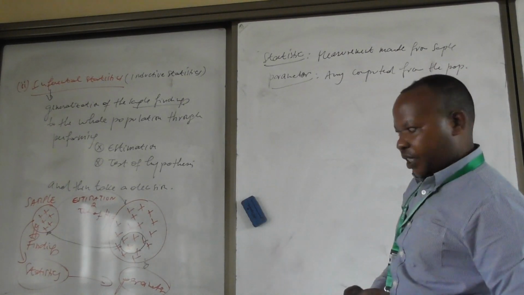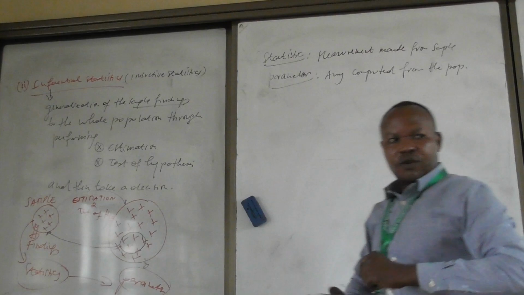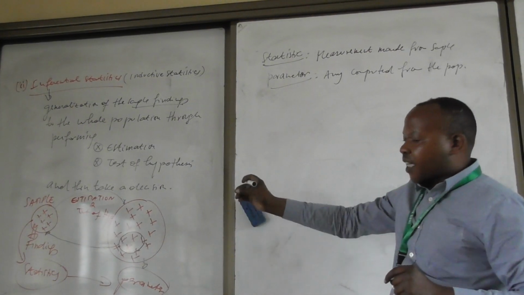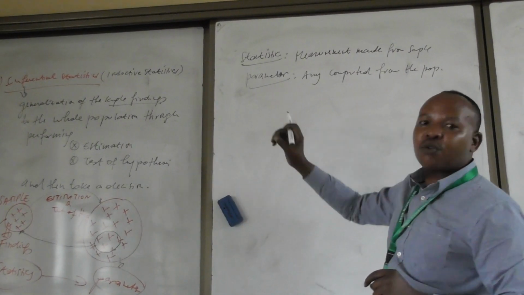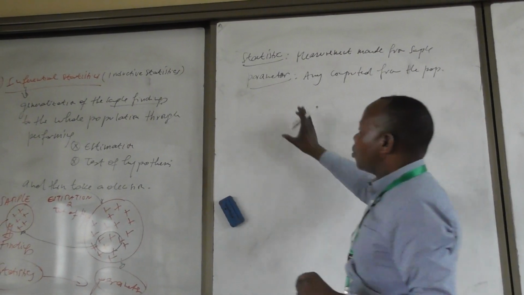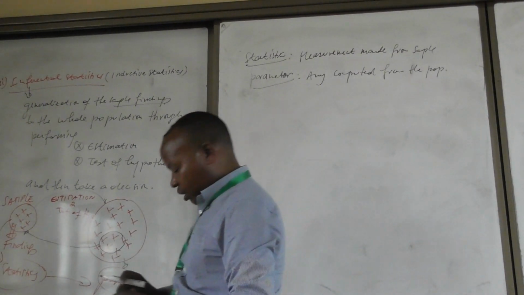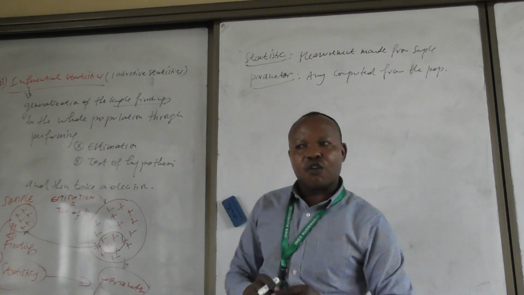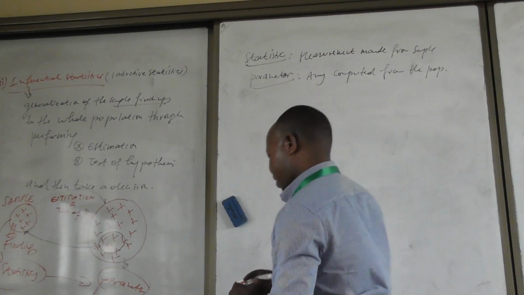So when you are performing inferential statistics, you are looking at a statistic that corresponds to a parameter of that population. This is the other part of statistics, which will be covered later, but now we are going to concentrate on descriptive statistics.